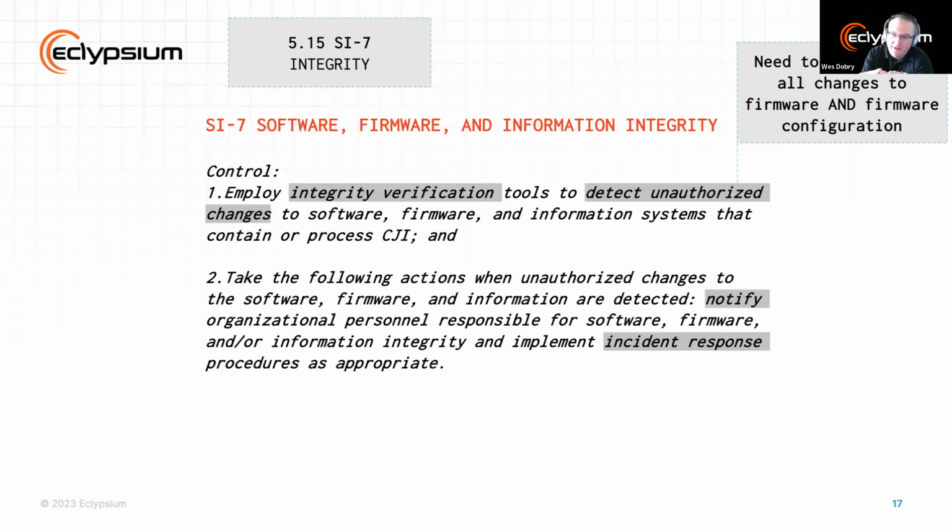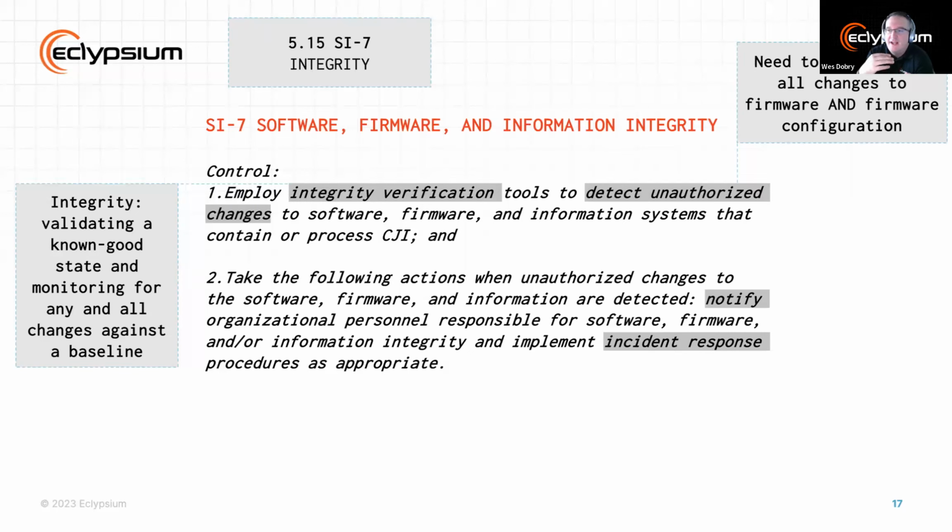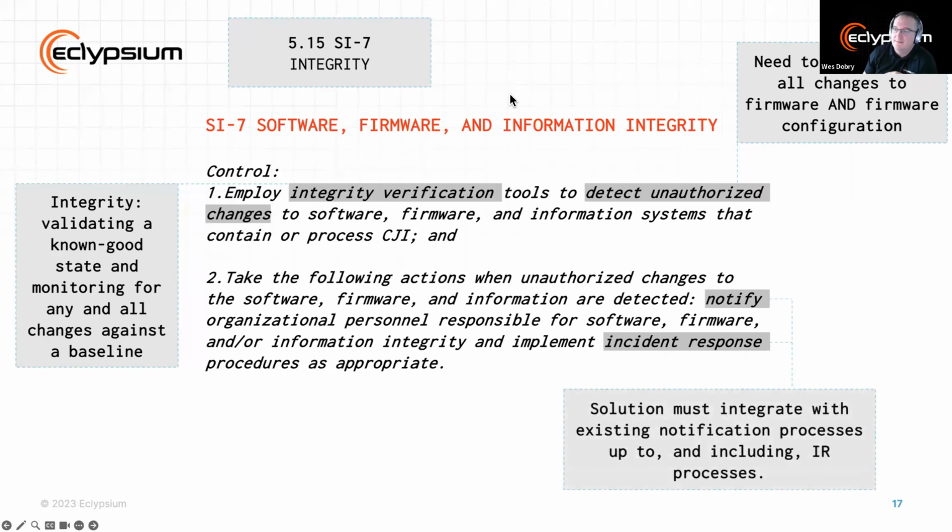So I always like to look at this from the standpoint that we can't identify if something's nefarious if we can't inspect it. That's where integrity is starting to come into play, where we need to be verifying all of these components inside of our environment against what they actually should be. This also means, as part of these controls, that this solution must, again, integrate with our existing incident response processes.